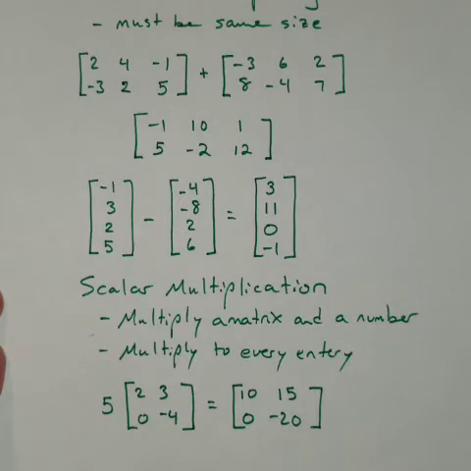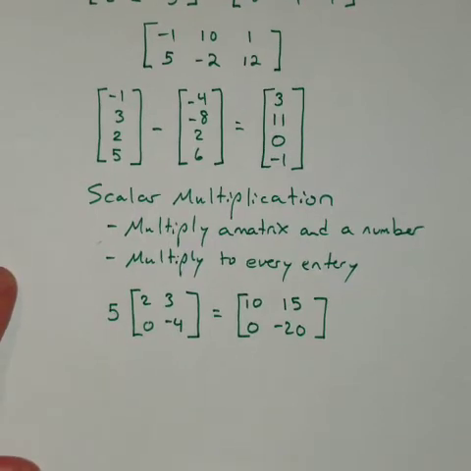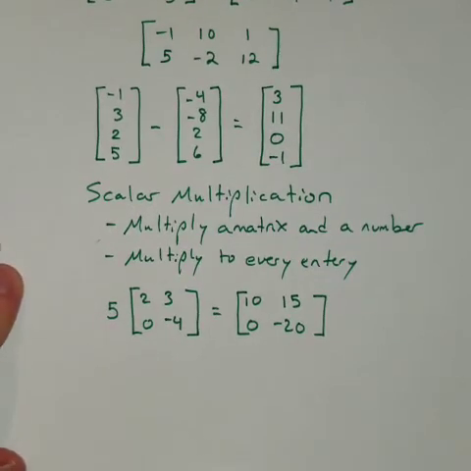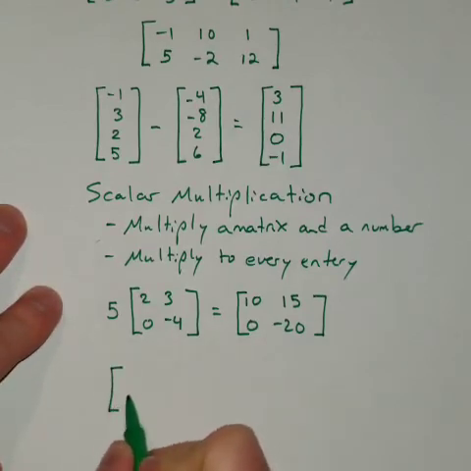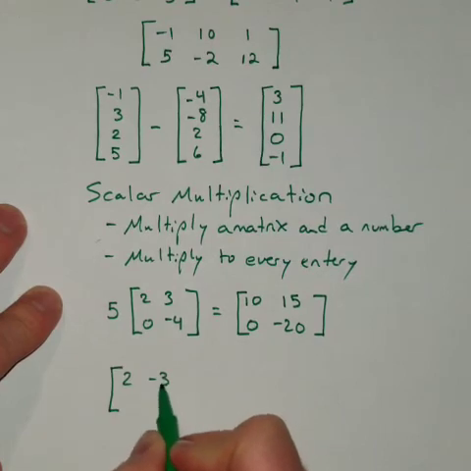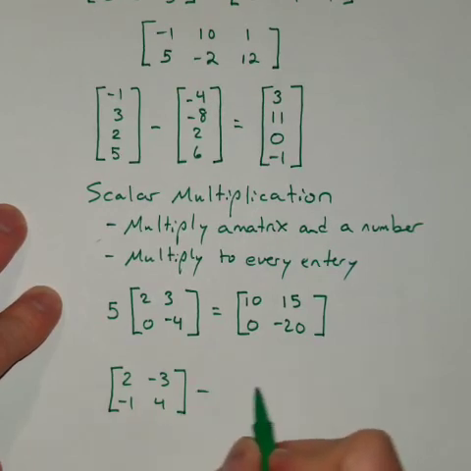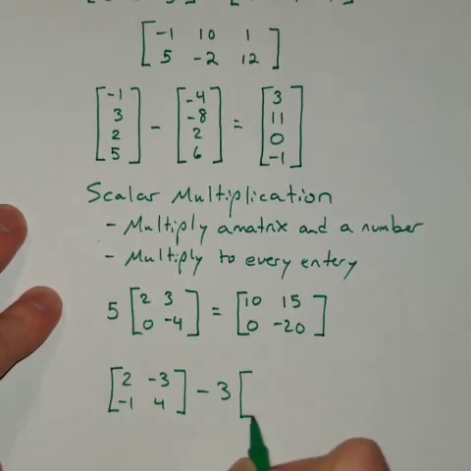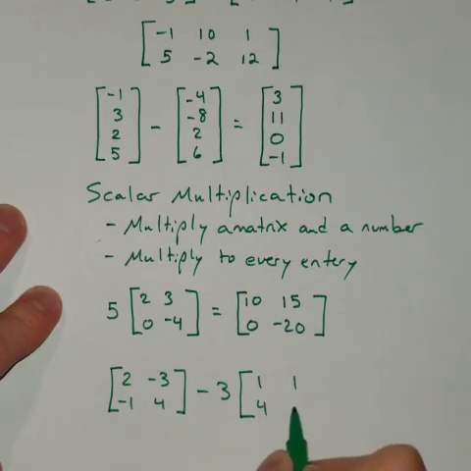Alright, and so these really aren't that complicated, but we could also do some combinations of more than one of these operations. You could do something like the matrix 2, negative 3, negative 1, and 4, minus 3 times the matrix 1, 1, 4, 2.